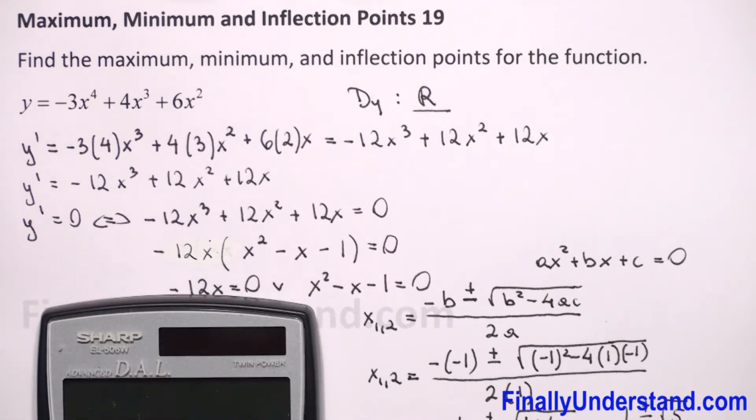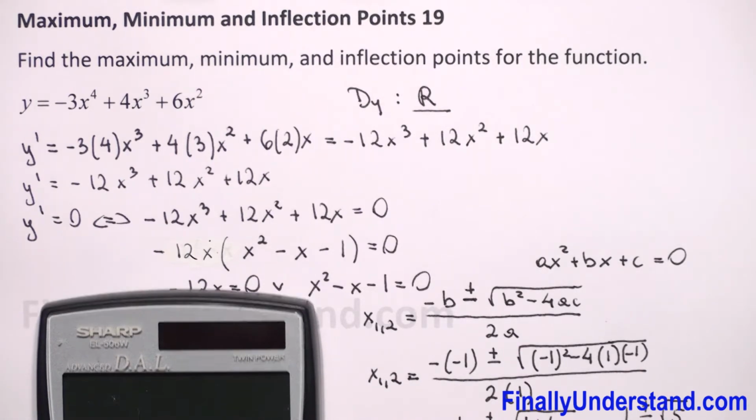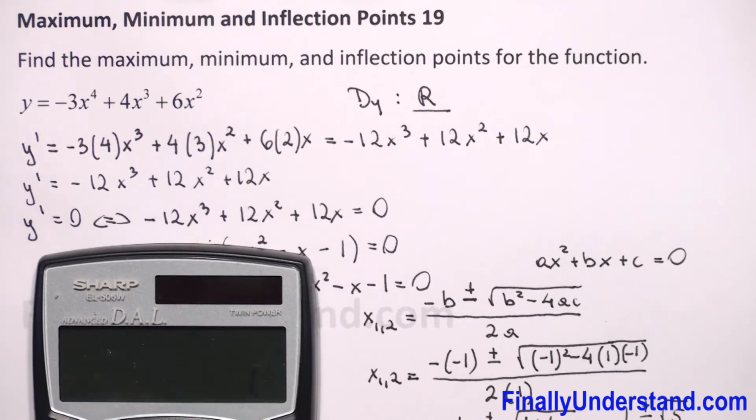So it will be 1 plus the square root of 5, divided by 2. So we have approximately 1.6, and 1 minus the square root of 5, divided by 2, is approximately negative 0.6.